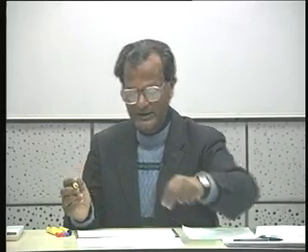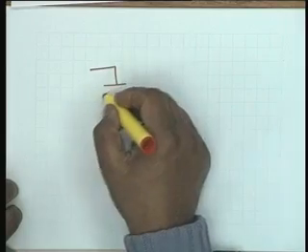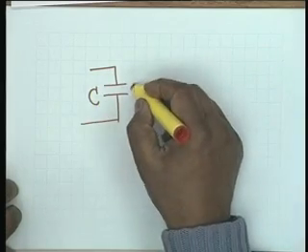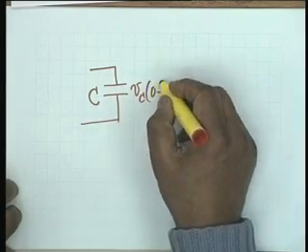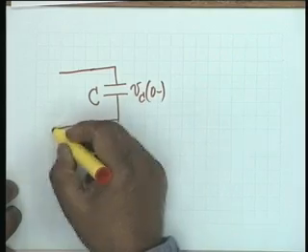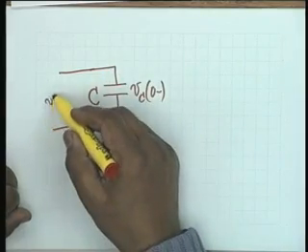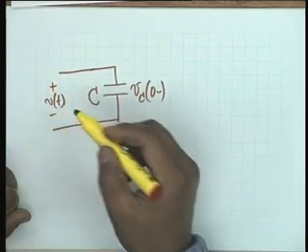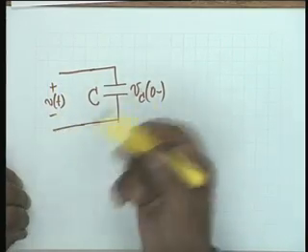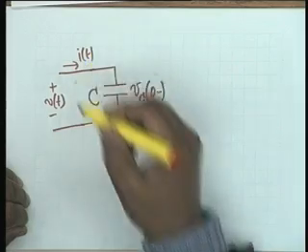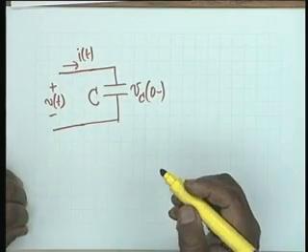In a similar manner, I can consider a capacitor C which has an initial voltage, let us say Vc 0 minus, and then I apply either a voltage source or a current source to charge or discharge the capacitor. Let the currents and voltages be V of t and I of t.